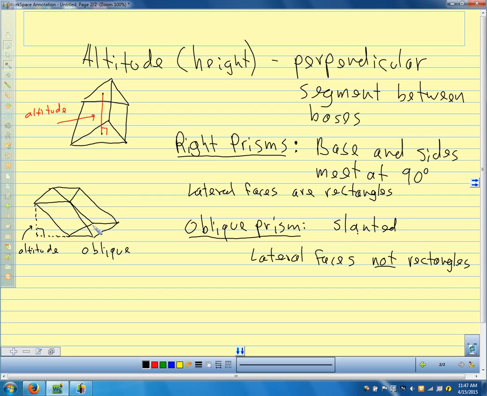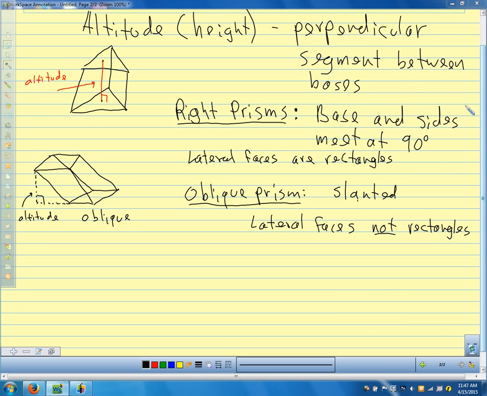For example, here they'd be some kind of parallelogram. All right, we good so far? We know what the altitude is. We know what a right prism is. For the most part, we're going to be working with right prisms.